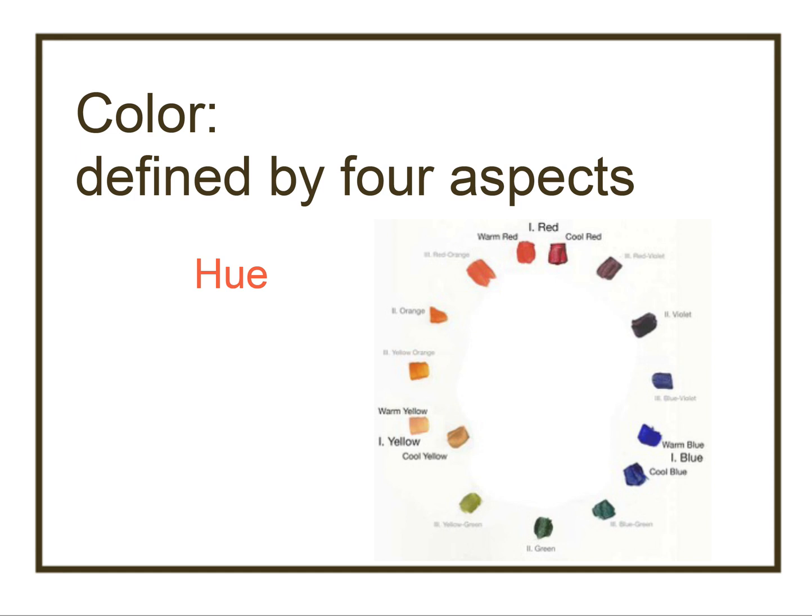So the position of a color on the spectrum determines how we perceive it with our eyes. So in its simplest terms, hue is the position of the color on the spectrum. And we can look at it also as the position of the color on the color wheel.